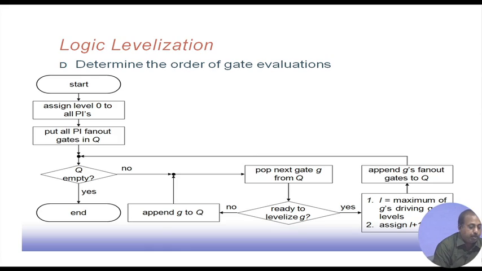At any point of time when it is ready to level G, we know that the node's inputs are already leveled, so we can find out the level for this node. If it is not, then we just keep the node in the queue, and later on it will be added. This process continues until the queue becomes empty. If the queue becomes empty, it means all nodes have been leveled, so we have the complete levelization of the nodes.